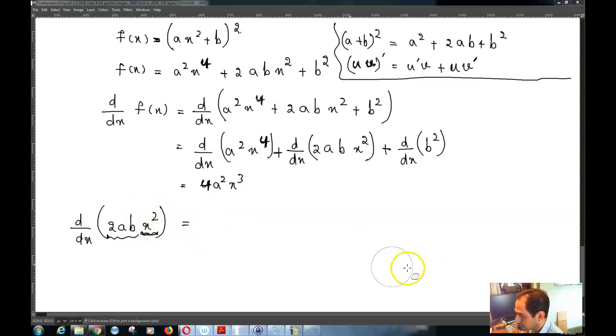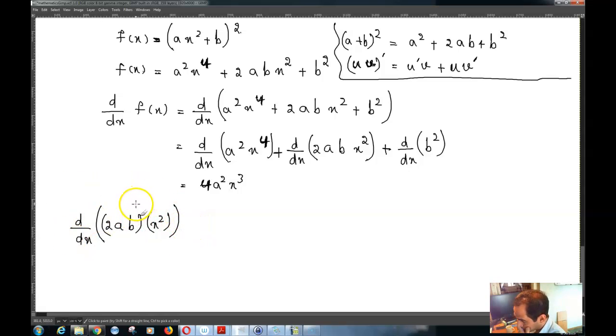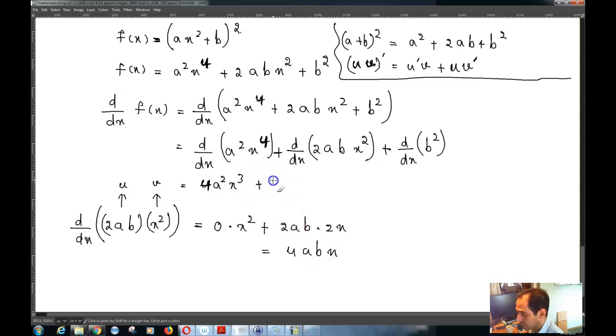So you can think of this as u, and this as v. Then you have u prime, which is 0, times x squared, plus u, which is 2ab, times v prime, which is 2x, which is equal to 4 times ab times x.